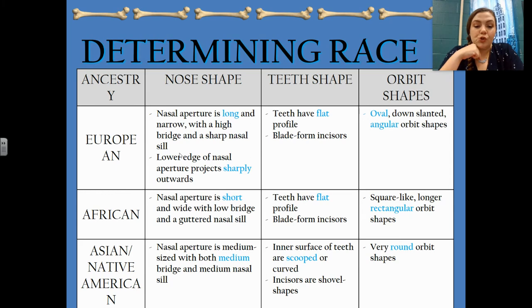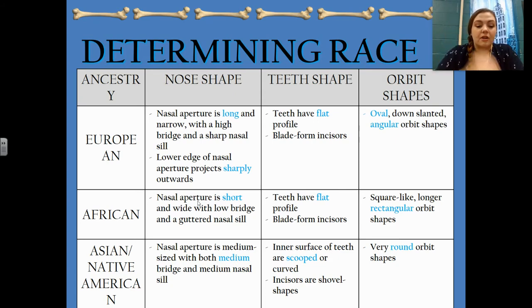The nasal aperture is short and wide for an African. So if we look at the comparison for African descent, usually the nasal aperture, the overall hole, is shorter and wider, with a low bridge and a guttered nasal sill. So the sill, the little bone that I told you was kind of pointy in European ancestry, is not pointy. It's basically almost flat, sometimes not even there.